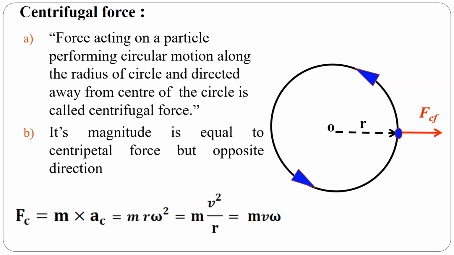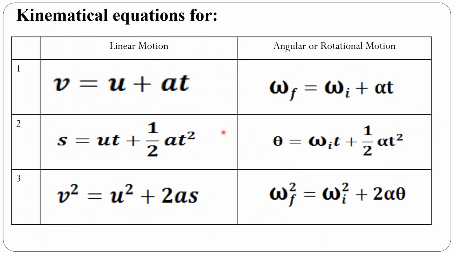Okay, so let's move to the further point. Let's see the kinematical equations for linear motion and angular motion. We discussed that point in a comparative way, comparing the linear motion equations with the angular motion equations.